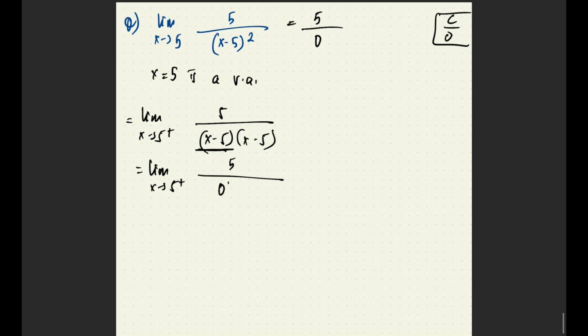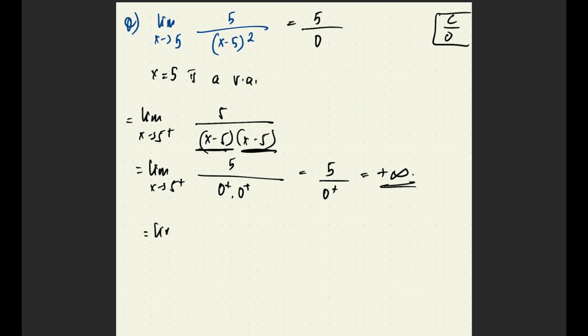So I'll write it as 0 plus, multiplied by this part over here, which is again a number slightly greater than 5 minus 5, a very, very small number, almost close to 0, which is positive. So it's just going to be 0 plus. Okay, so this gives me 5 divided by a positive number times a positive number, which is just going to be a positive number, and hence this limit from the right hand side is equal to positive infinity.